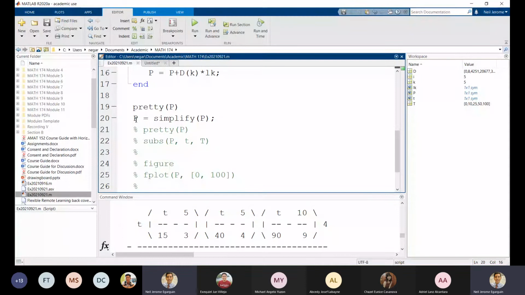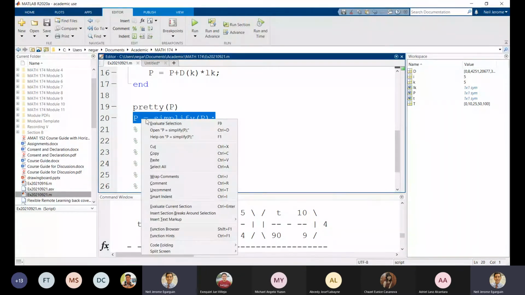Or you can simply highlight this portion, right-click to it, tapos merong evaluate selection. So ang gagawin nito, i-evaluate lang ni MATLAB yung highlighted portion ng code. But make sure na na-compute na ni MATLAB before lahat ng kailangan para sa line na to.